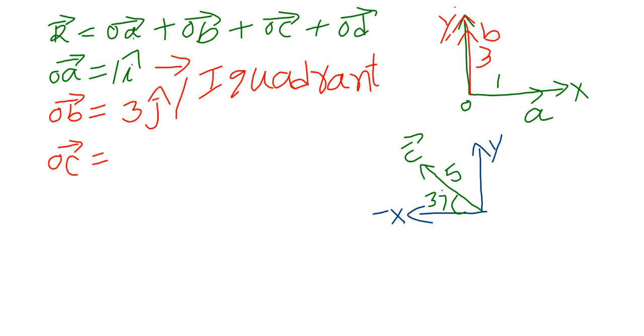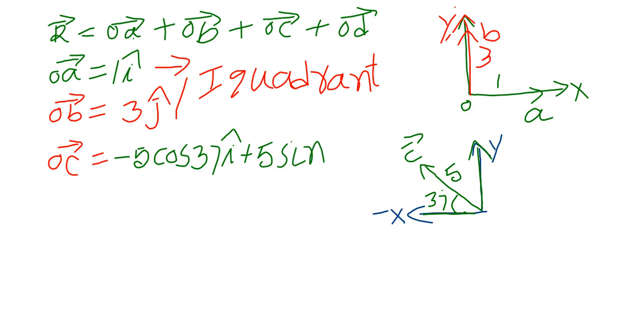So now we write this into two components as minus 5 cos 37 degrees I cap. Why did we write minus here? Because the horizontal component is along the negative x-axis, so minus 5 cos 37 I cap. This is the positive y axis, so plus 5 sin 37 degrees j cap, since the vertical component is R sin theta.